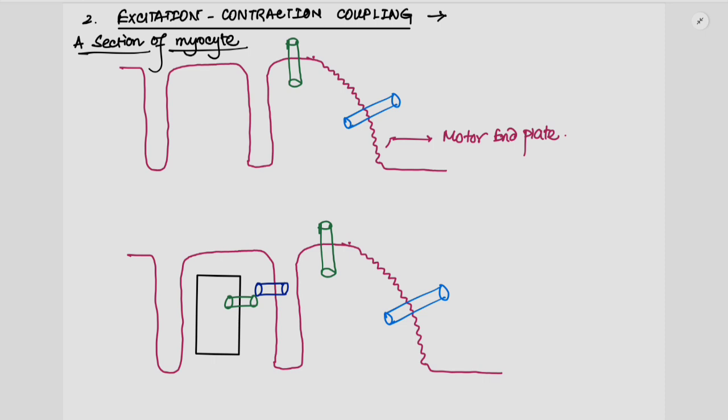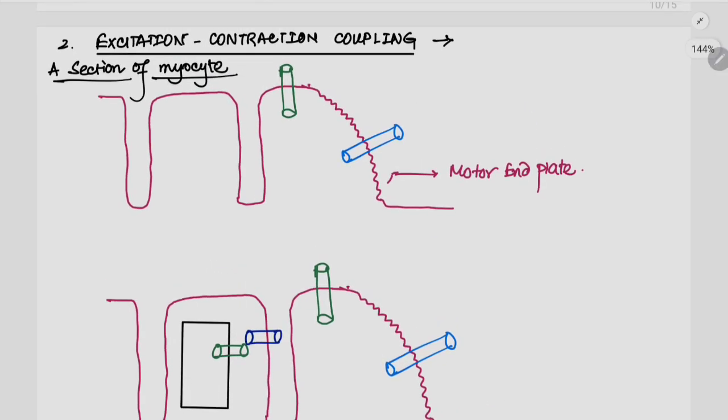That increases the motor end plate potential, and also it stimulates the voltage gated sodium channels, which further excites and generates action potential inside the muscle fiber. We see it in the neuromuscular junction. From the action potential generated in the myocyte, we will discuss the contraction part of excitation contraction coupling.